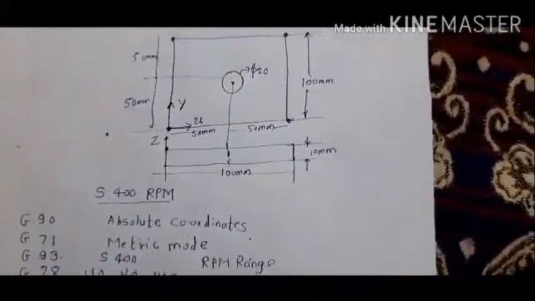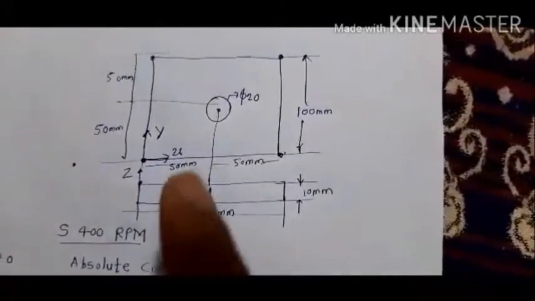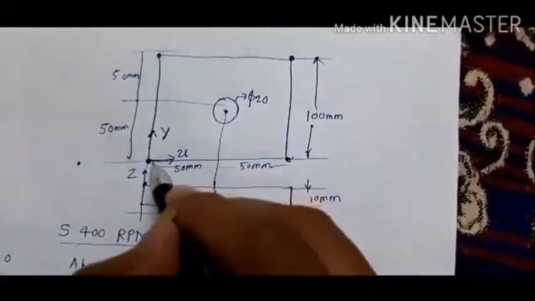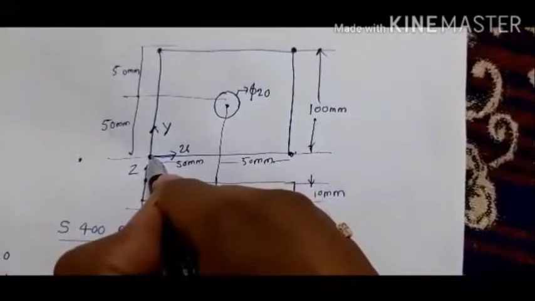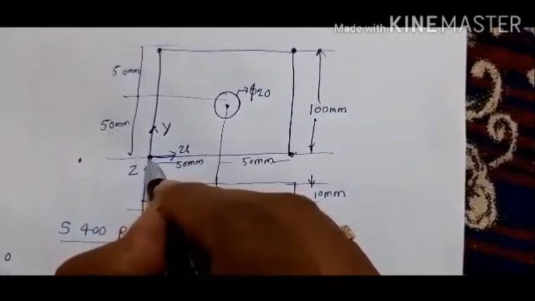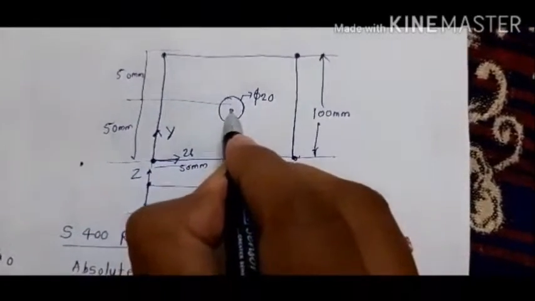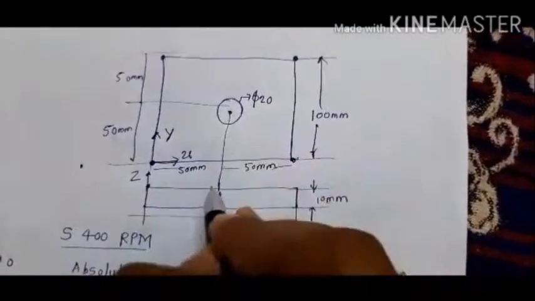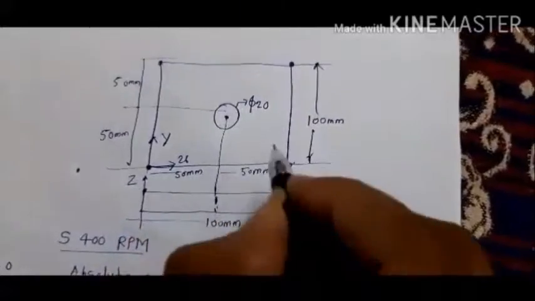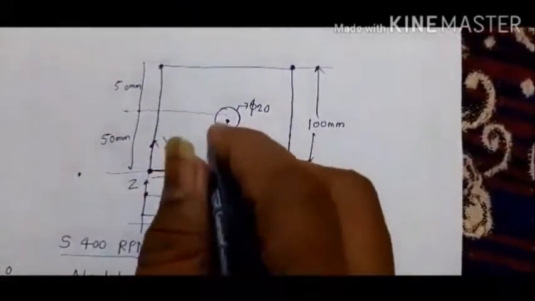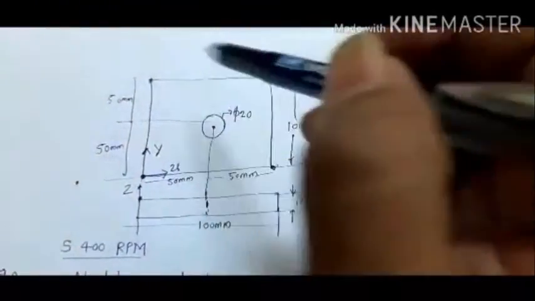Now the next step is a very important step. We will move the tool from this point. First of all, we will move the tool just above this plate. Means in the Z direction we have to write +1 coordinate. Suppose this is a plate and we will mount the tool just above the workpiece.